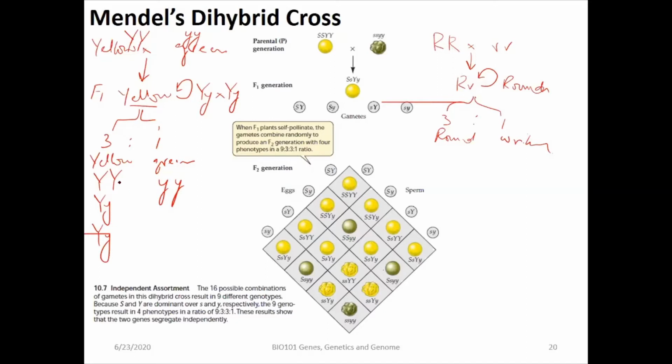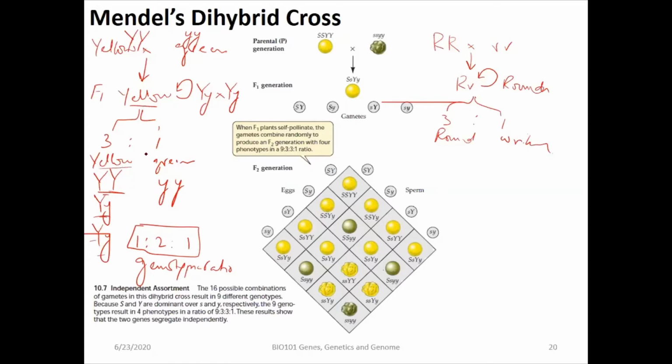And of course, when you go to F3, take randomly 100, you get 1:2:1. This was what? Genotypic ratio, because this is based on the genotype. Phenotype was simply based on the appearance.